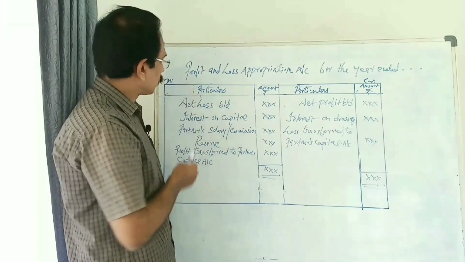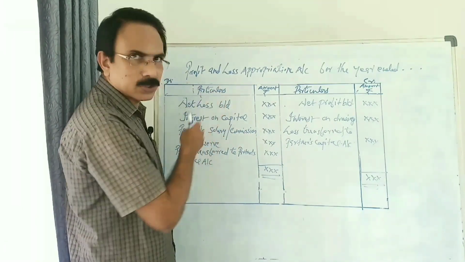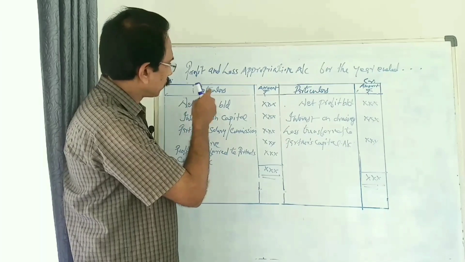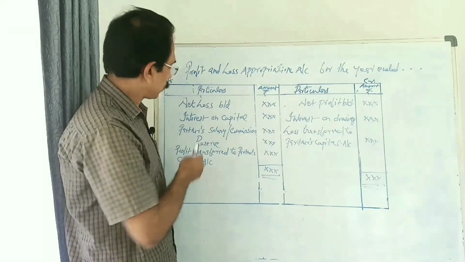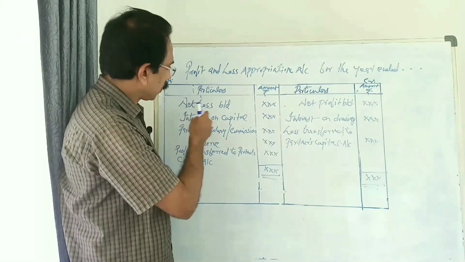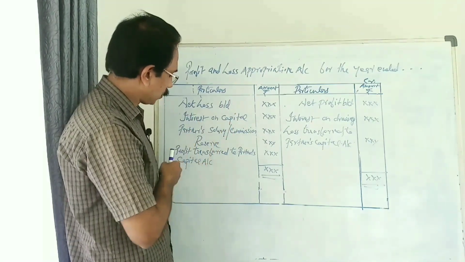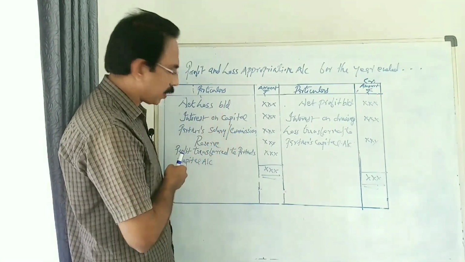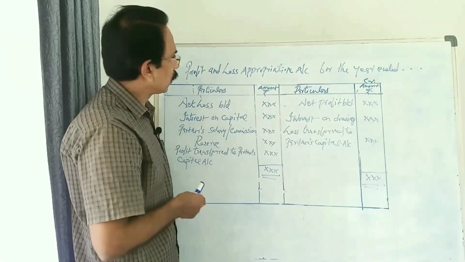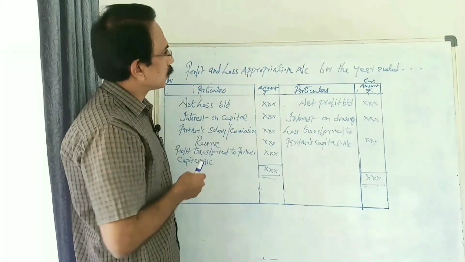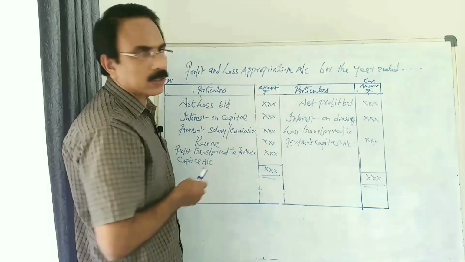Then on the debit side, first item, net loss brought down. That is transferred from profit and loss account. Then second, interest on capital, partner's salary or commission, reserve. Last, profit transferred to partner's capital account in that profit sharing ratio. These are the specimen form of profit and loss appropriation accounts.